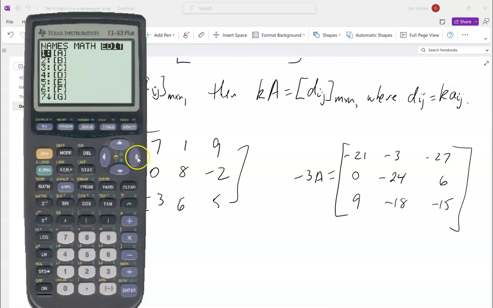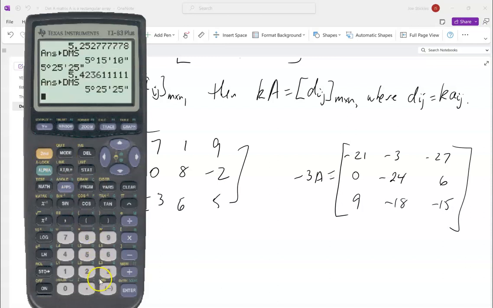If I go in my matrix here, let's just type in the matrix. We had 7, 1, 9, 0, 8, -2, -3, 6, 5.